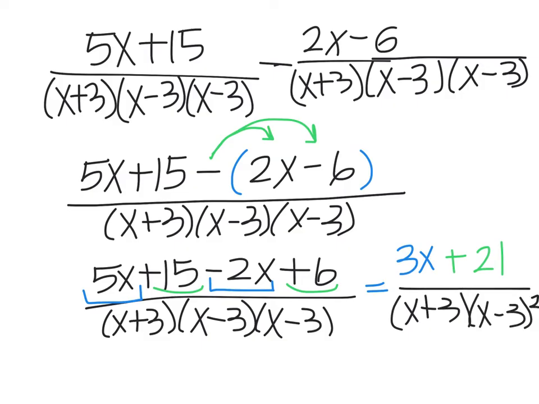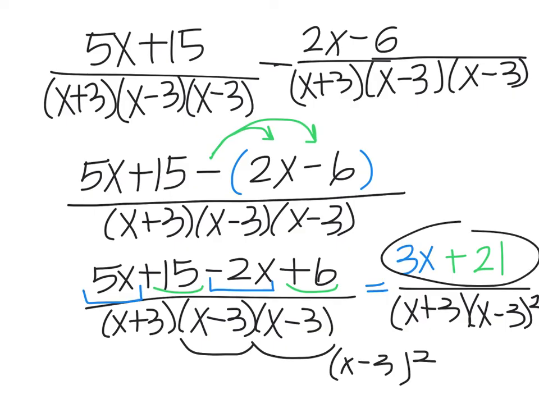We use that squared sign in order to save some space, and we can use it only because we have x minus 3 right here and x minus 3 here, and that is the same thing as saying x minus 3 squared. But we're not quite done yet.